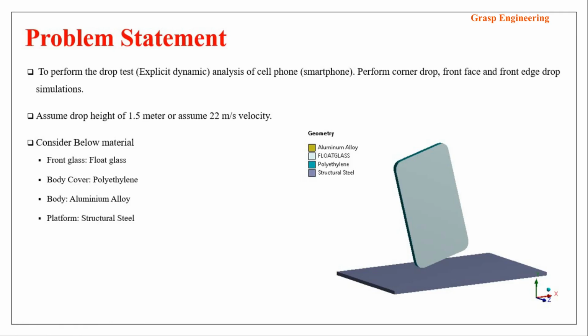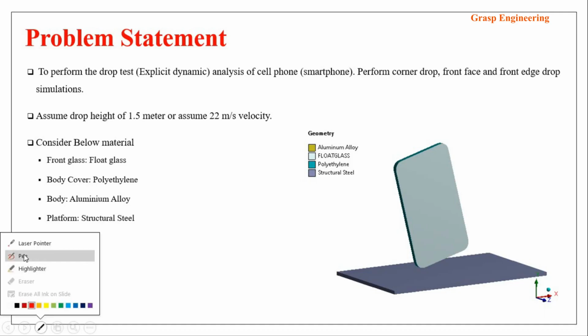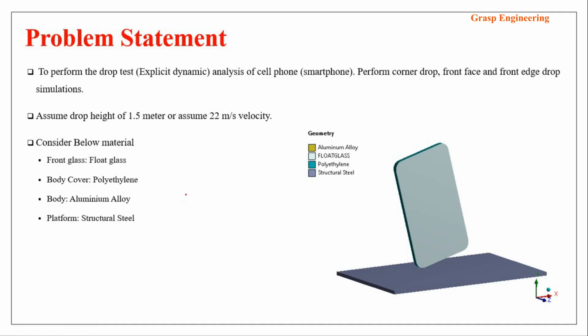There are two options. Either you can define the respective drop height, or else you can calculate your initial velocity by using, as we know, the kinetic energy 1/2 mv square is equal to the potential energy mgh.